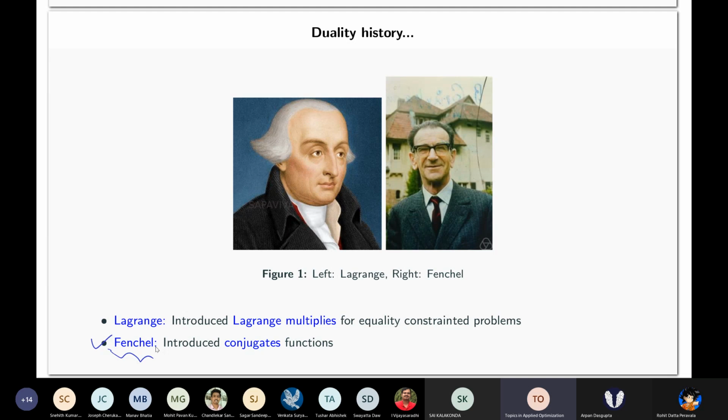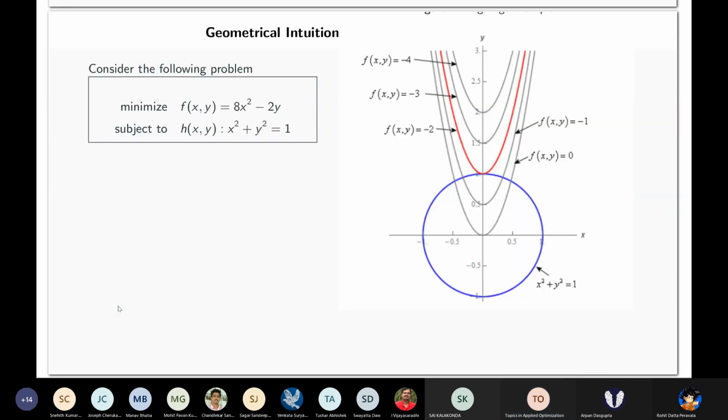What we are going to discuss next is the Lagrange multiplier, and that's due to Lagrange, obviously. And both are French, no surprise. Most of the modern high-end maths was done by the French. So let us go straight into the problem.